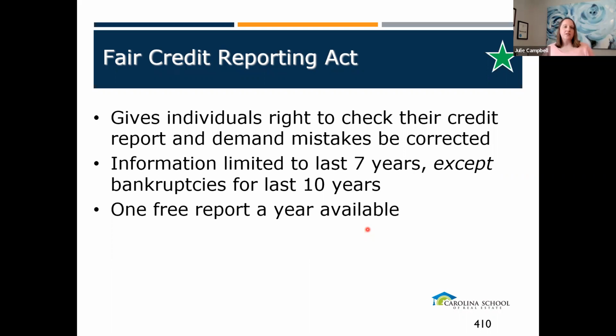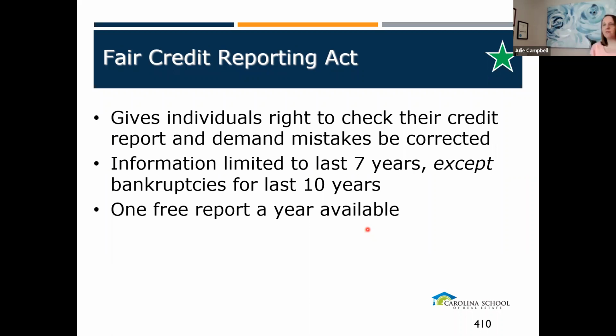Here's the deal. Something hits your credit. We know the three sources, right? Equifax, Experian, and TransUnion. What you can do with this free credit report is check and make sure there's nothing that's hit your credit report that you don't know about. This is where I need to get better, because if something's hit my credit report, I'd rather find out about it now to get it taken care of, as opposed to when I'm applying for a home loan and have it pop up there.